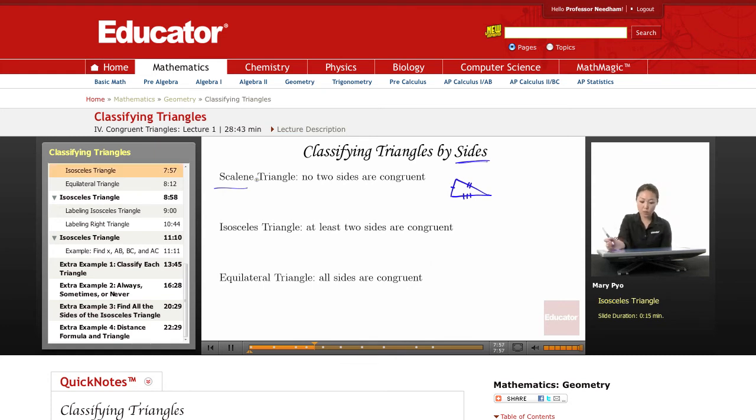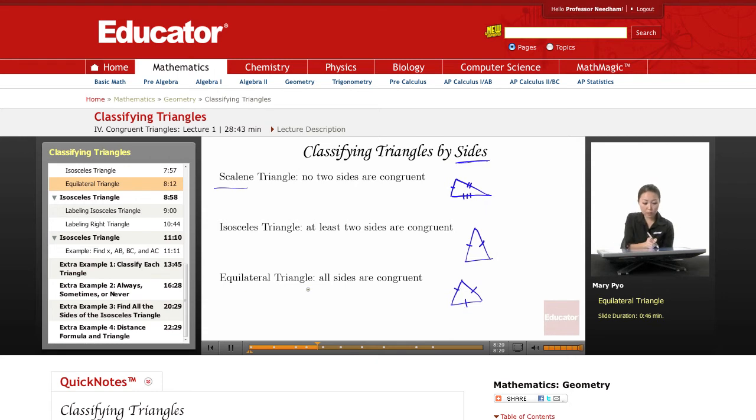The next one, isosceles triangle, is when I have at least 2 sides being congruent. Okay, so at least 2 of the sides. And then equilateral triangle is when all the sides are congruent.